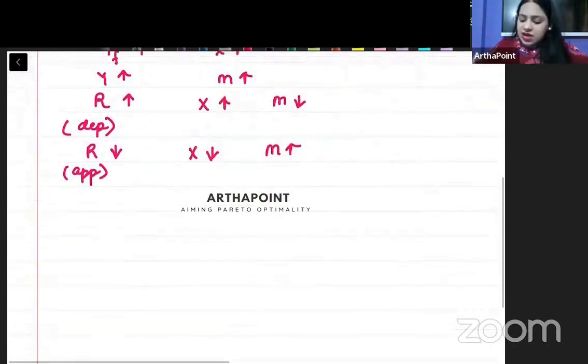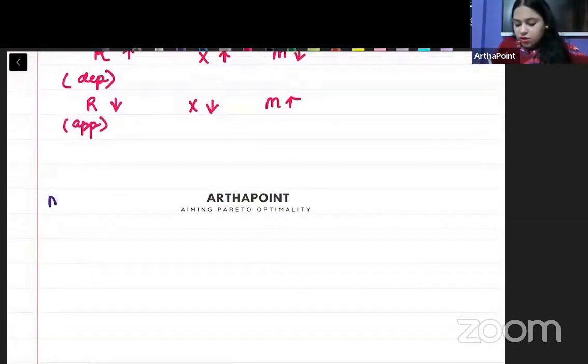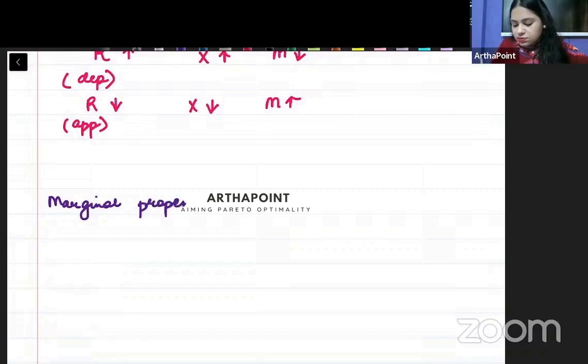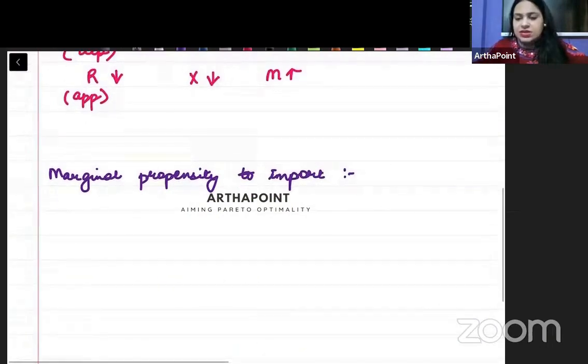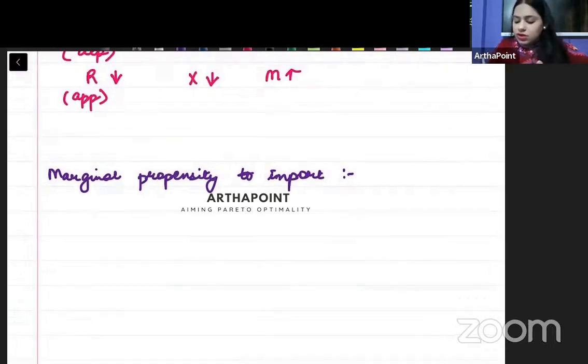Today, let us start by understanding, बच्चे, what is marginal propensity to import. Try to understand this thing. Marginal propensity to import tells me how much extra imports will change.